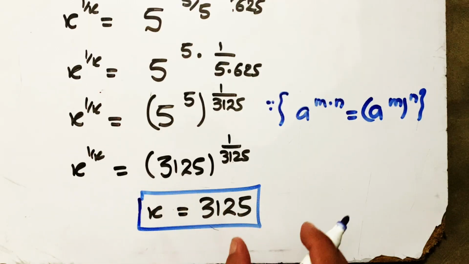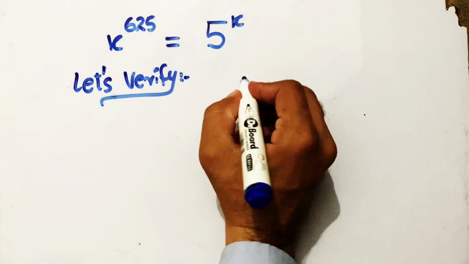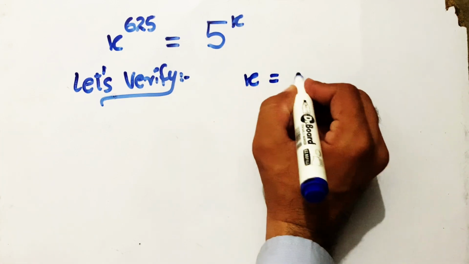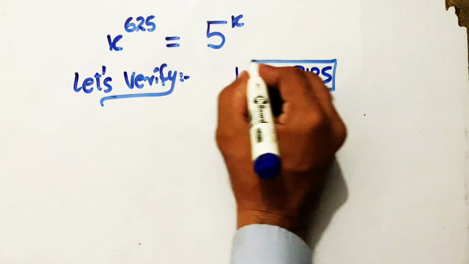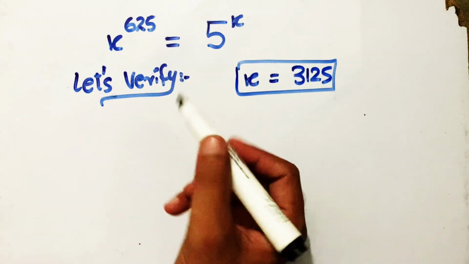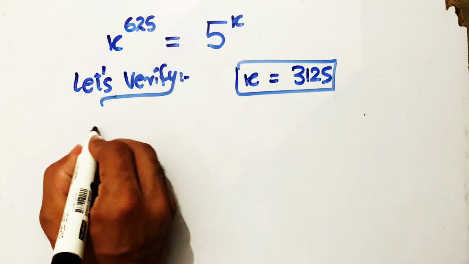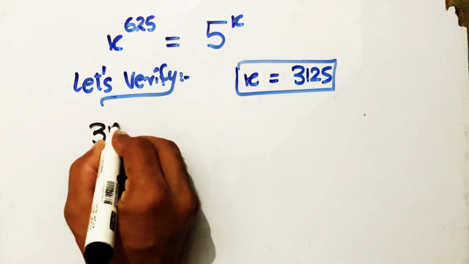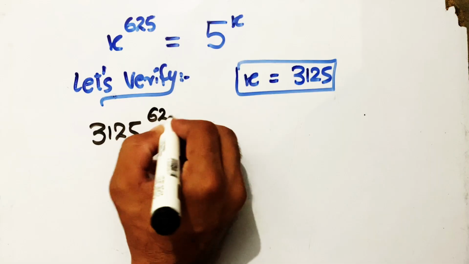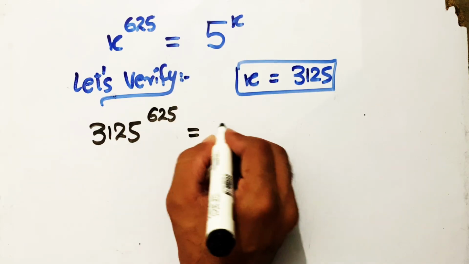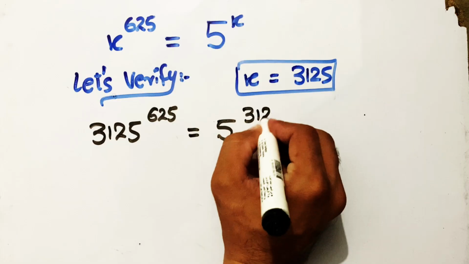Now let's verify by putting x equals 3125 into our main equation. So x to the power of 625 means 3125 to the power of 625, which equals 5 to the power of 3125.